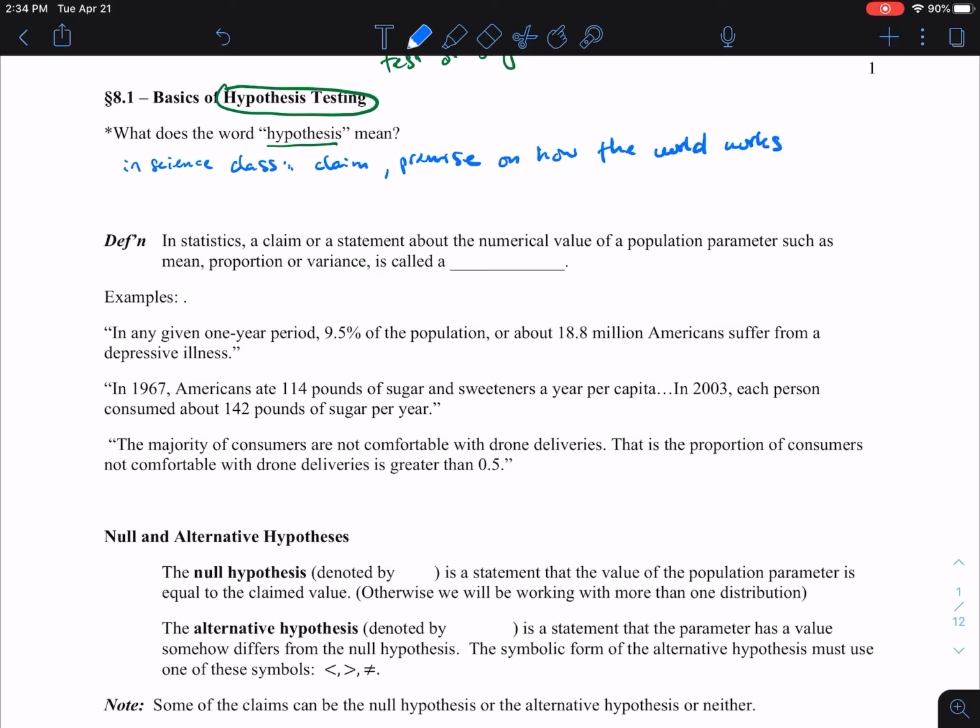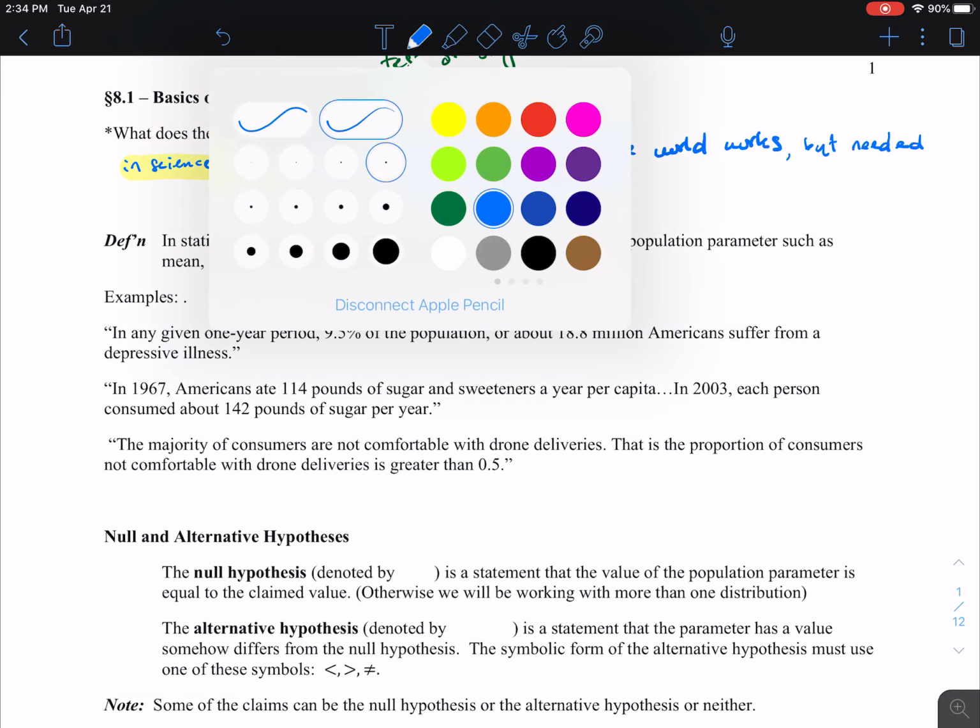Someone will make claims about how the world works, but they need to be investigated. A hypothesis is not an actual theory yet; it's just a claim. So you have to look at evidence to make sure the hypothesis is indeed supported or not supported.